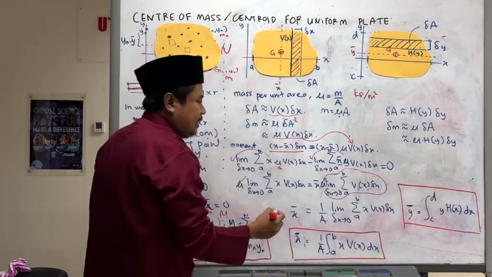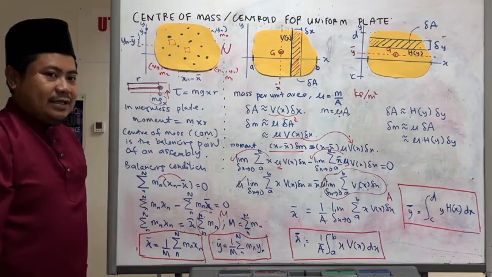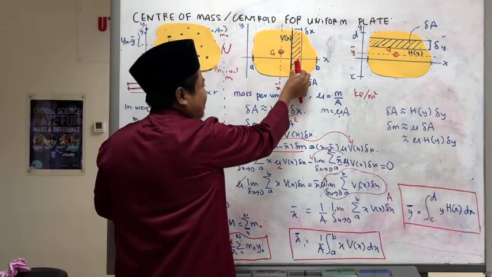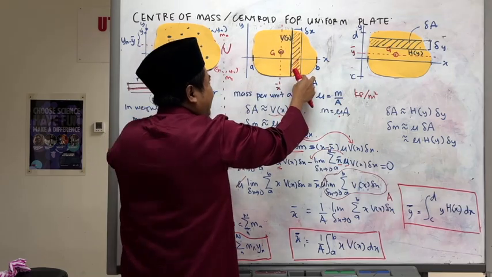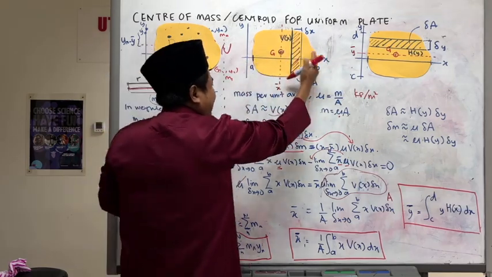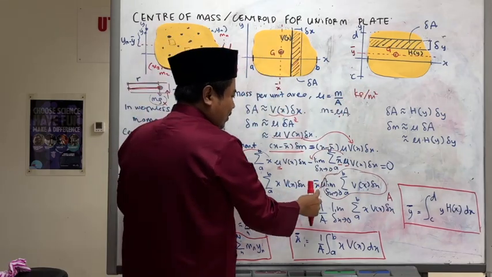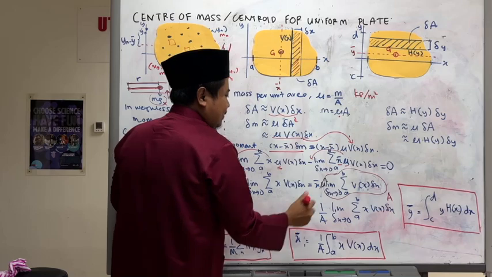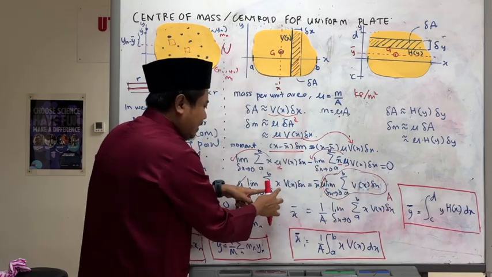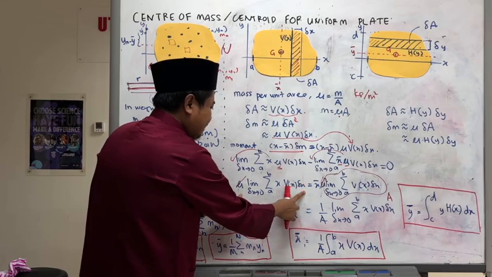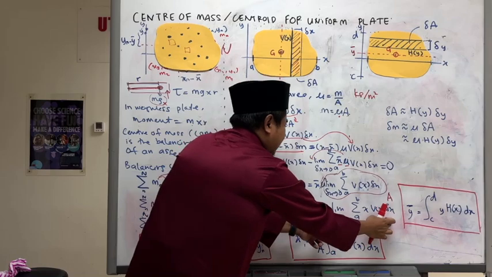This relation is equal to the total area, because we have many strips, v times delta x, and you sweep from A to B, so you have the total area. So you have x bar A. And then this one is the integration.